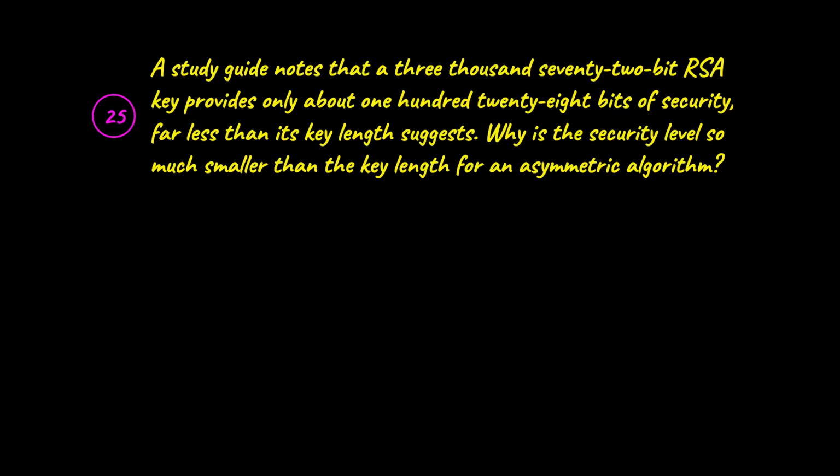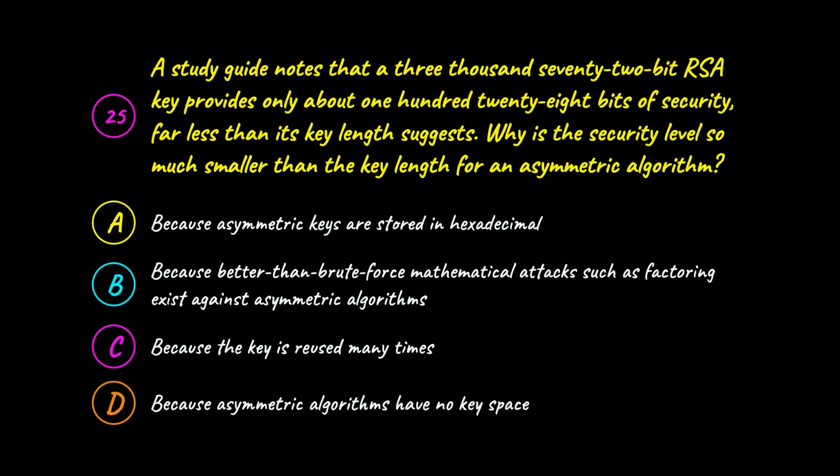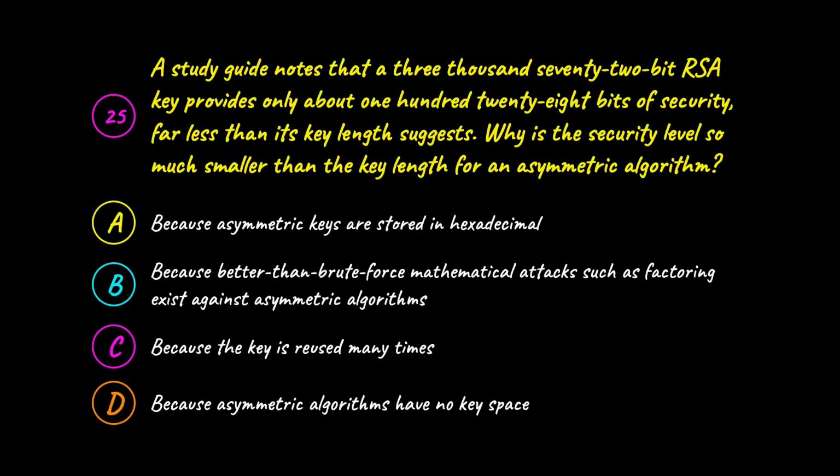Your options are: A, because asymmetric keys are stored in hexadecimal. B, because better than brute force mathematical attacks such as factoring exist against asymmetric algorithms. C, because the key is reused many times. D, because asymmetric algorithms have no key space. Which one is it? Pause the video if you need more time.